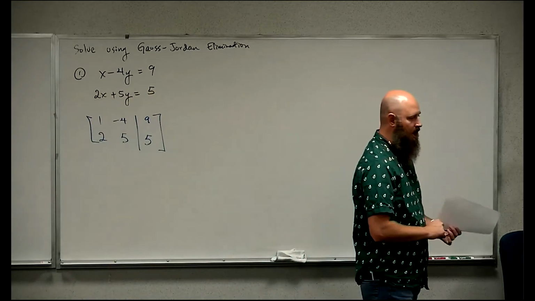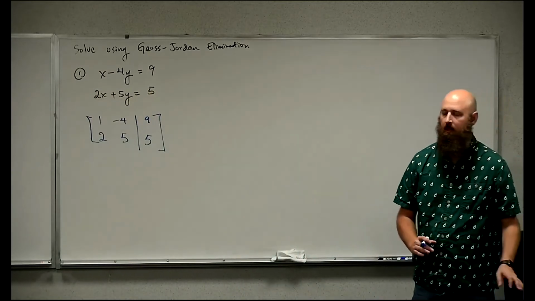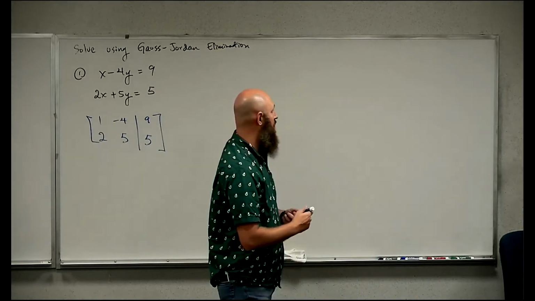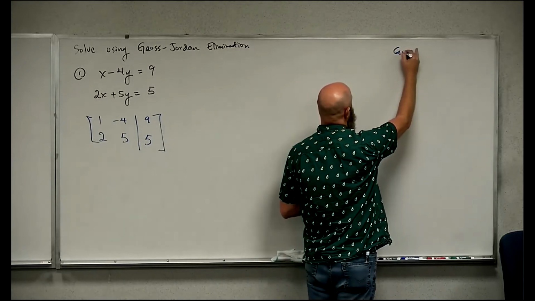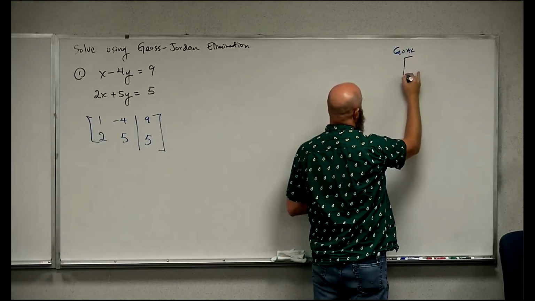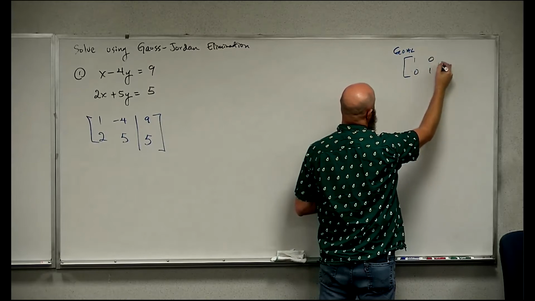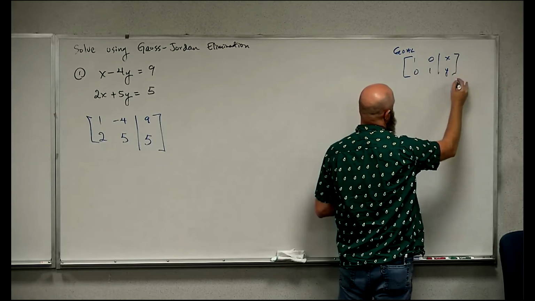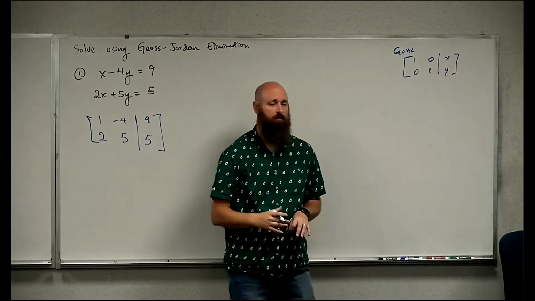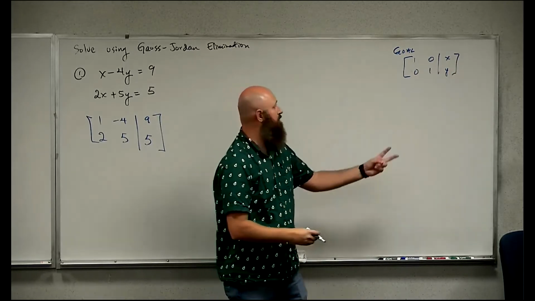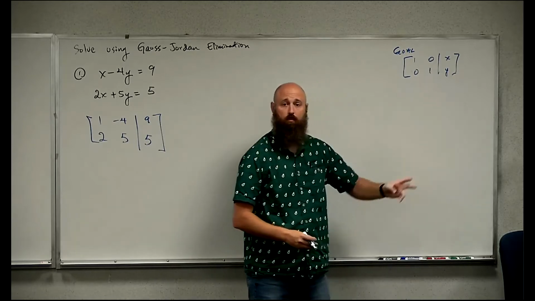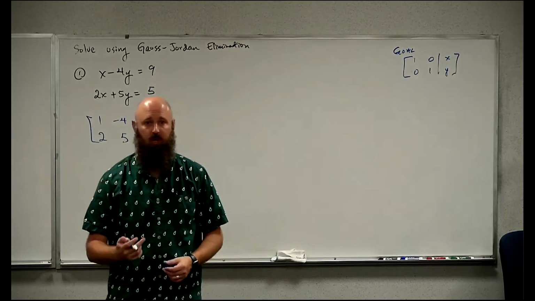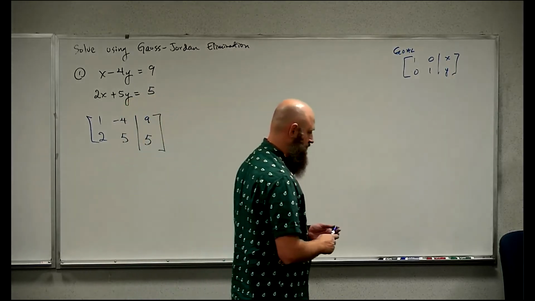All right. Now our goal here is going to be to create that row echelon form. So our goal, I'm going to put it over here, is for it to look like 1, 0, 0, 1, and then some numbers, an x and a y value. Okay, they're going to be numbers, not variables for those. Okay, but we're looking to make this side look like so, and we can do certain things to make that happen. Okay, so let's try to walk through that process and do those things.